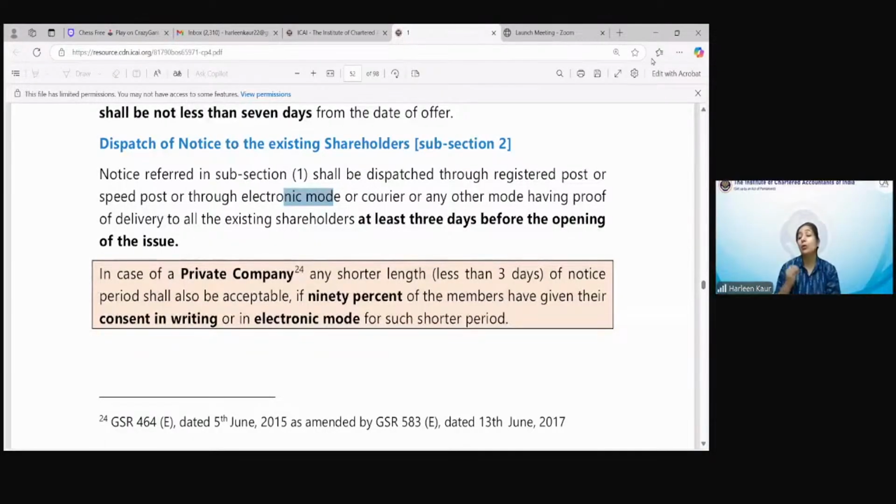Whatever way you send the notice, it can be registered post, ordinary post, speed post, electronic mode, it should have proof that at least 3 days before the opening of the issue they can get this offer.